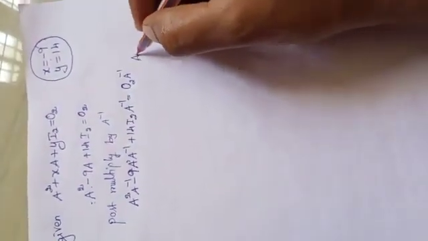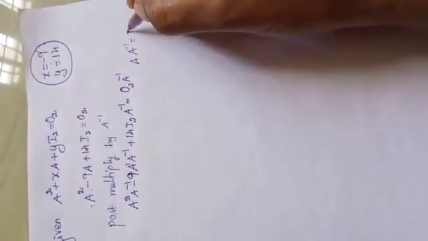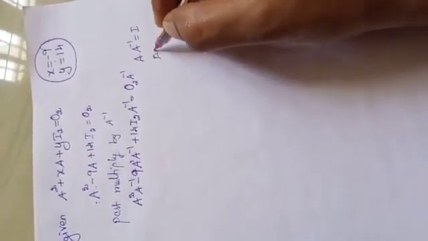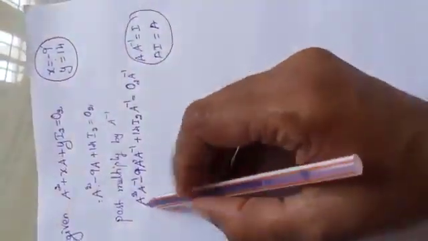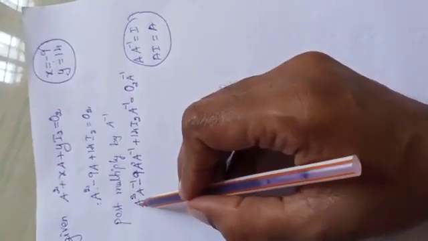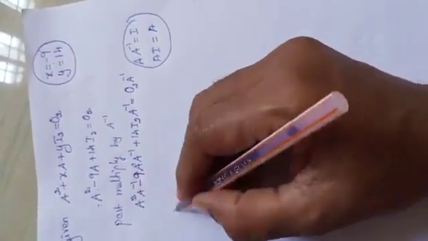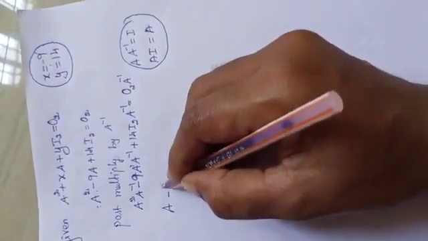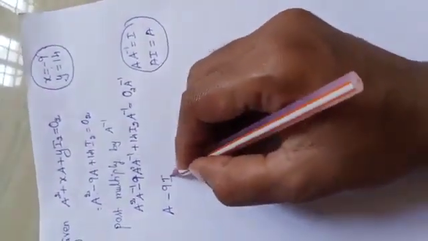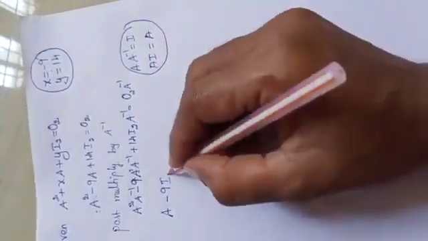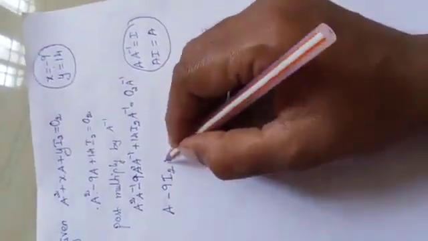See, we have that A into A inverse is equal to I. The same way, any matrix into the identity matrix is equal to the same matrix. As per that, A square means A into A, isn't it? So one A will be reduced and we get A minus 9. A into A inverse, that is I. Since it is given as 2 by 2, I am writing I2.